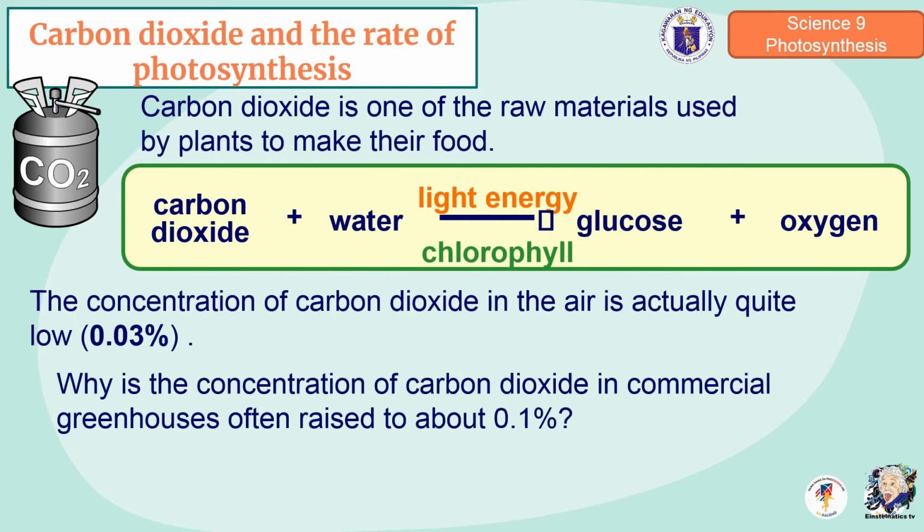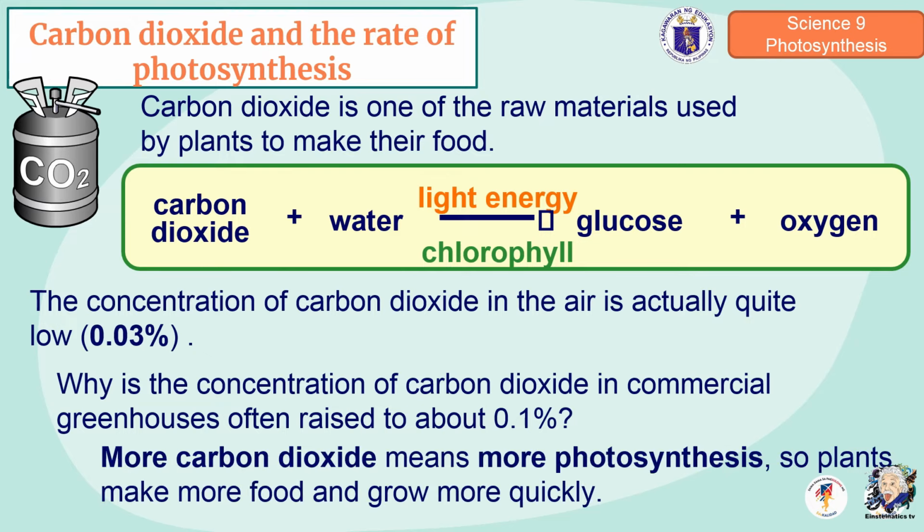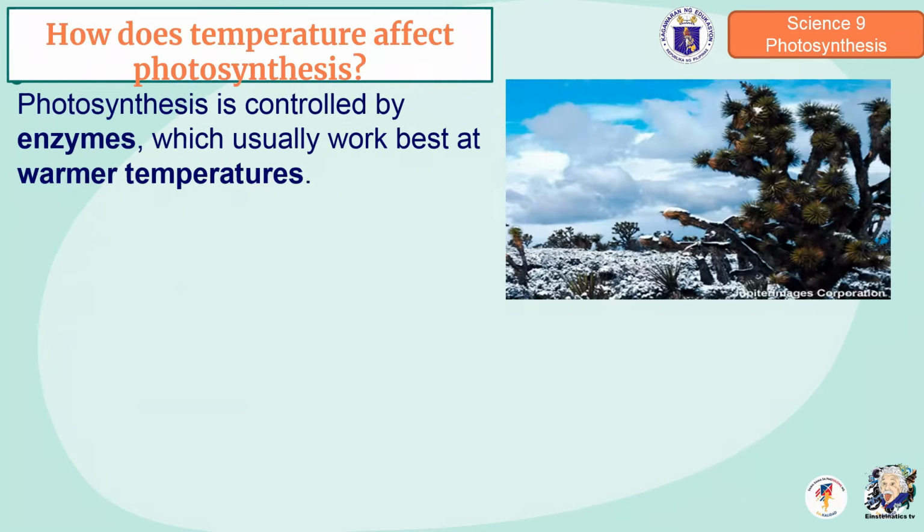In commercial greenhouses, it is often raised to 0.1%. So why do you think they do it? Of course, just like in light, more carbon dioxide means more photosynthesis, so plants make more food and grow more quickly if there is a higher concentration of carbon dioxide.